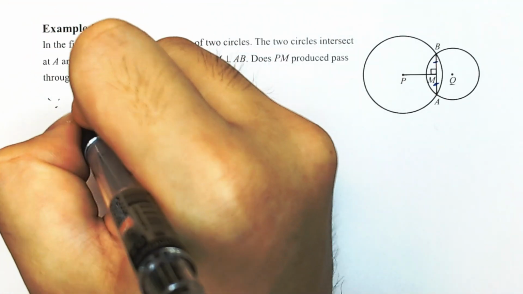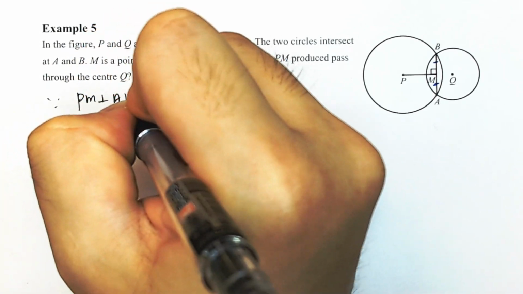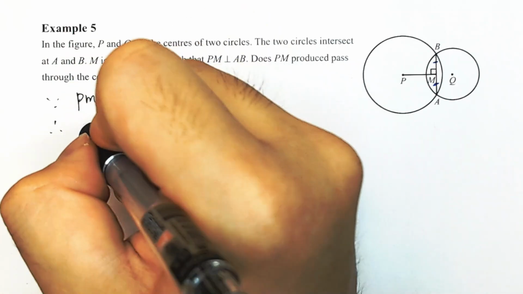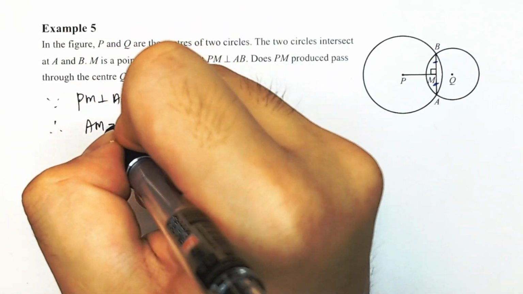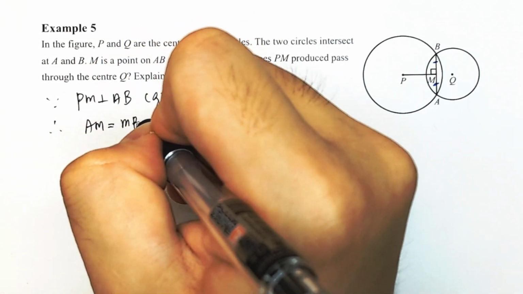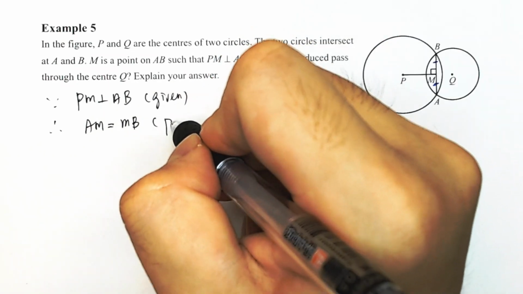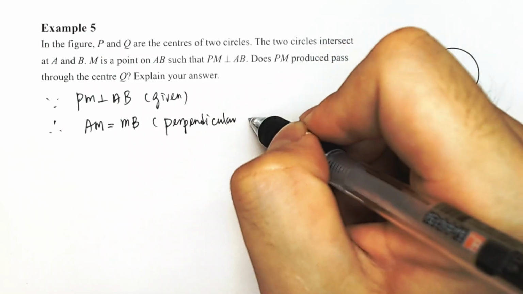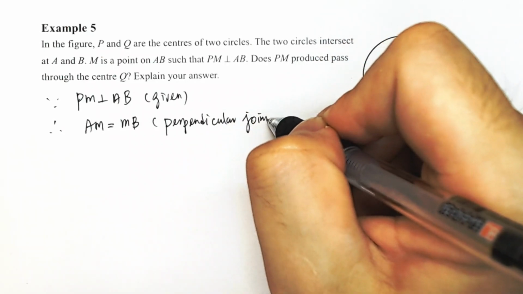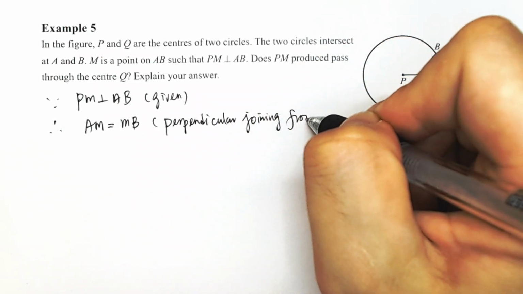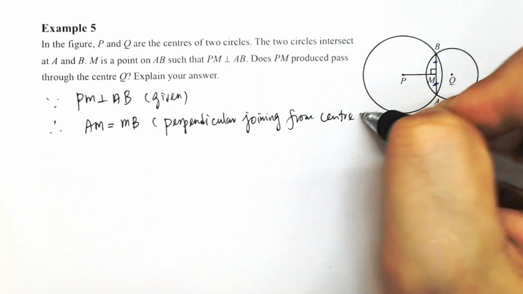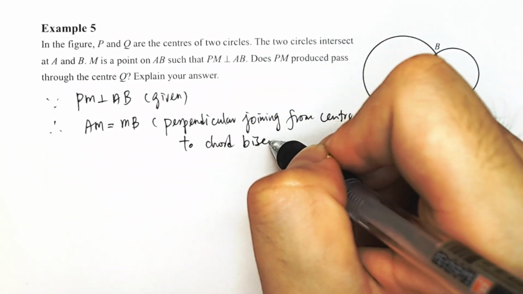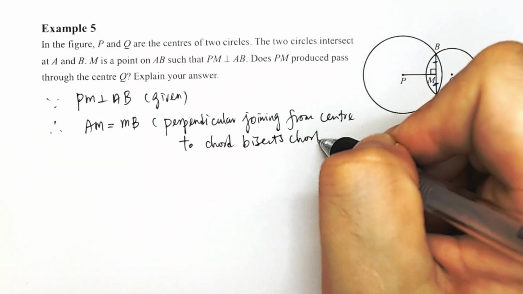Now, since PM is perpendicular to AB, which is given, AM is equal to MB, because the perpendicular joining from center to chord bisects chord.